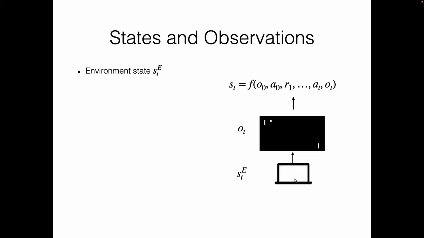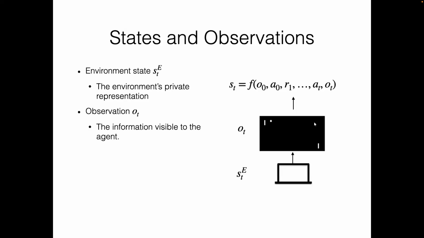The agent doesn't actually look at the state of the code that's being run. Instead, it sees this observation, which is the screenshot corresponding to the current state of the game. So there is this distinction between the environment state and an observation.